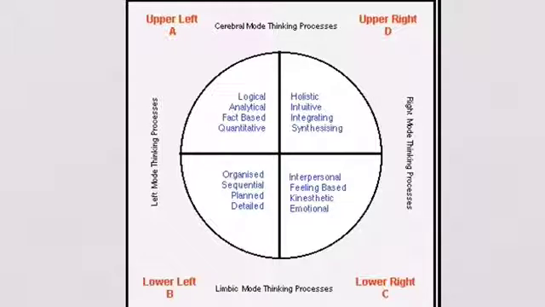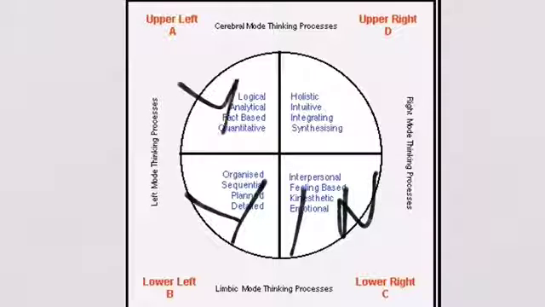Going back here, something that I may be referring to is that there's a paradox built into this model. In many ways, we regard that the yin is in the limbic mode thinking process, and the yang is in the cerebral mode thinking process.